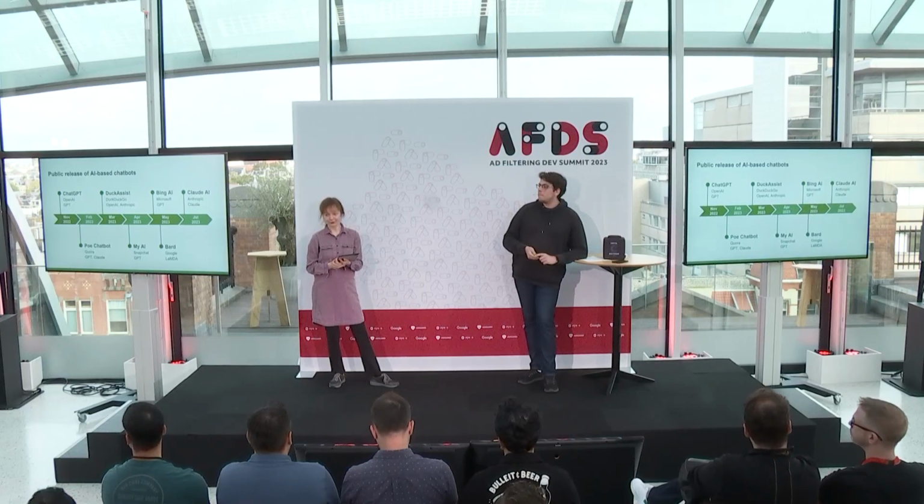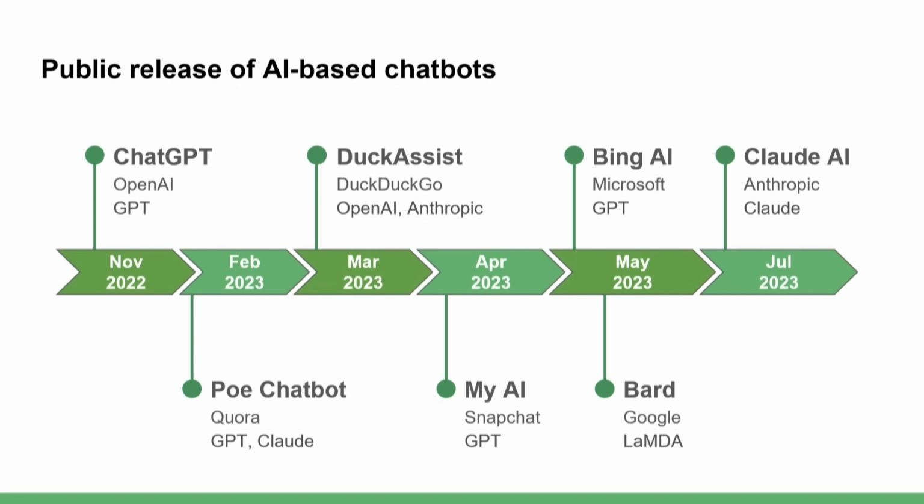Okay, now hold on to your seats. As we zoom into the race, it's a real race of AI chatbot public releases that have been whizzing by us over the past 10 months. It all started in November 2022 with OpenAI's ChatGPT, which took off. Just 2 months later, a chatbot from Quora joined the race.